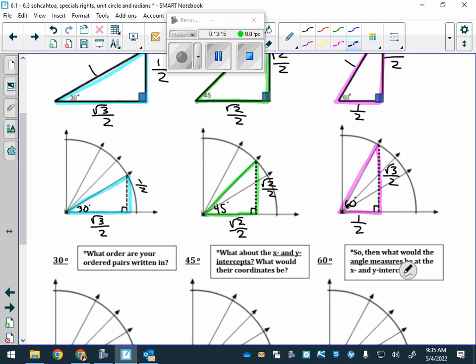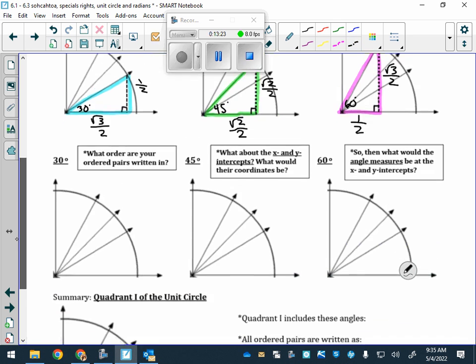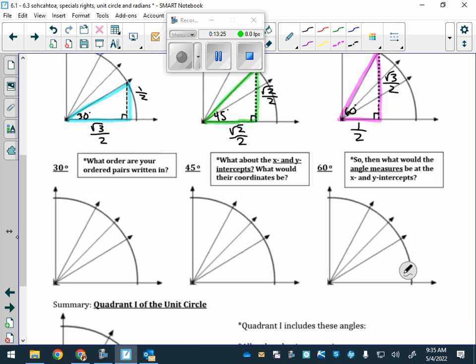Okay, so once you have those three triangles copied down, I want you to think of a few things. One, if we were to just highlight that first line, forget about the two sides, we're just highlighting this radius here, which we know creates a 30-degree angle.